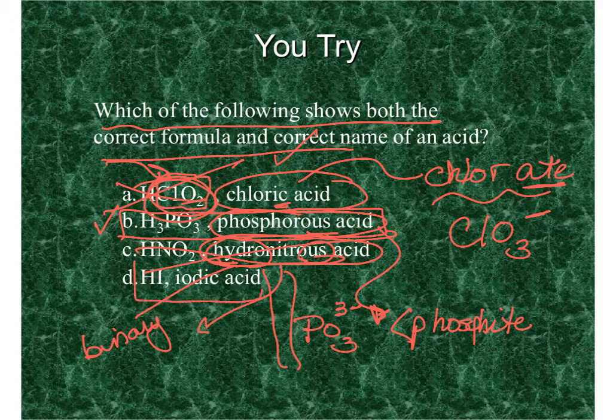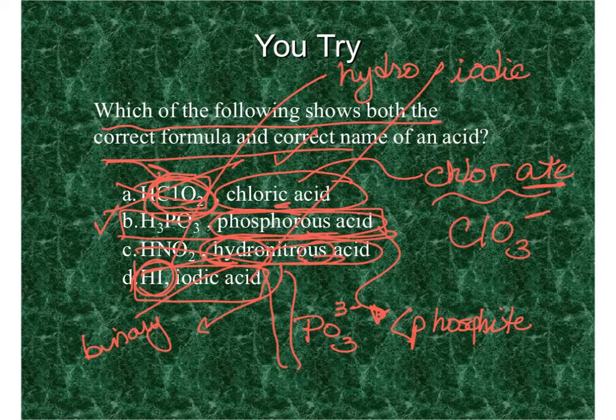And HI, okay? So HI, I'm gonna go the other way here, it just makes more sense, is binary clearly, right? And so let's name HI. It's binary, so we're gonna start with hydro prefix. And then I is iodine, but we need to change the suffix to ic, hydroiodic acid.